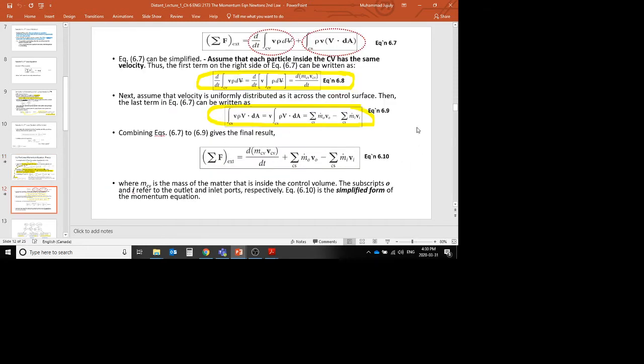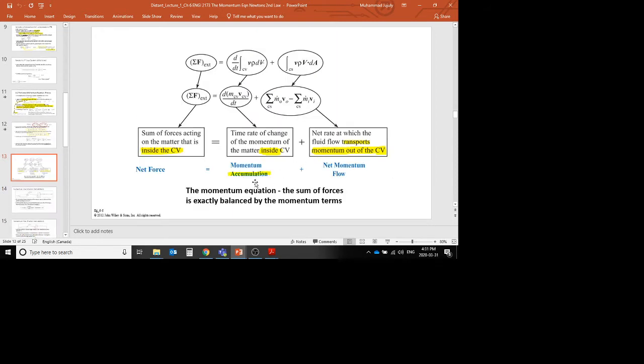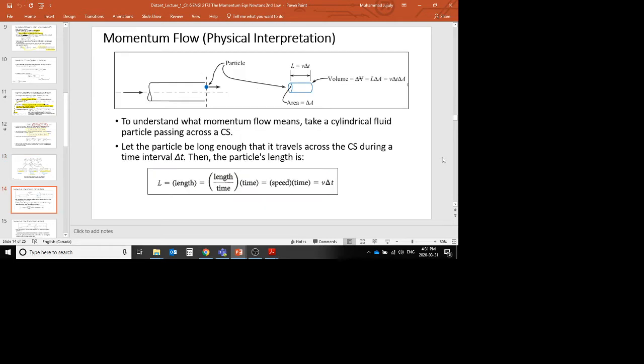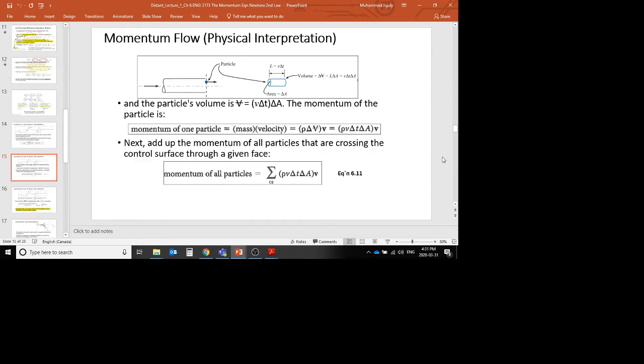So here is our final form of the momentum equation. The net force is equal to the momentum accumulation plus the net momentum flow. It is exactly the same as the continuity equation, where we had input minus output plus accumulation as the net flow. Here we are learning the net force, so it's a very similar type.